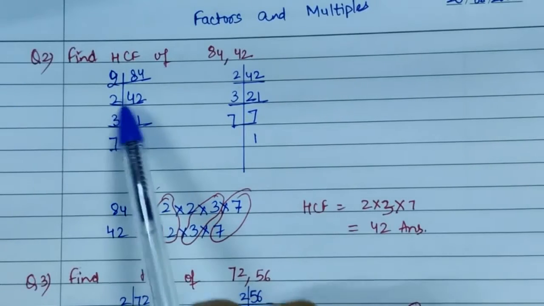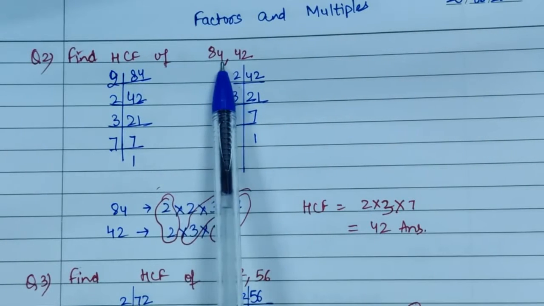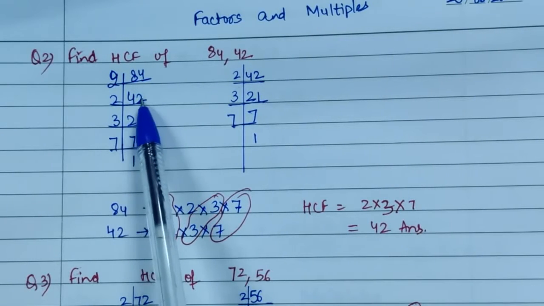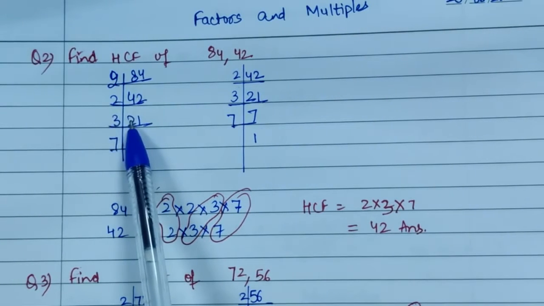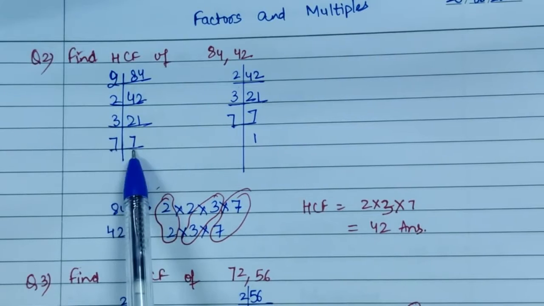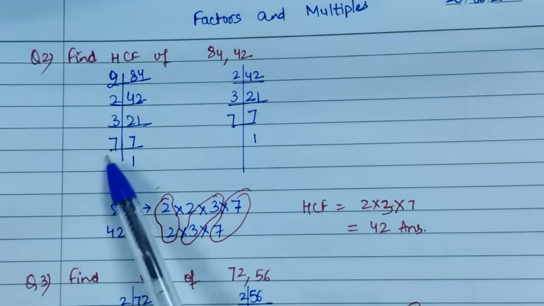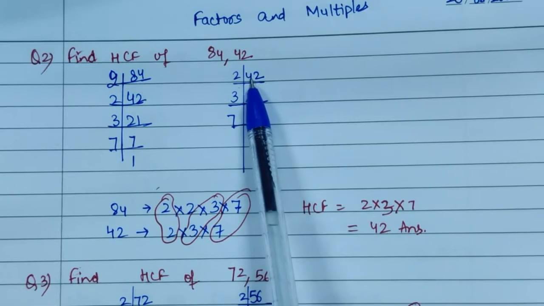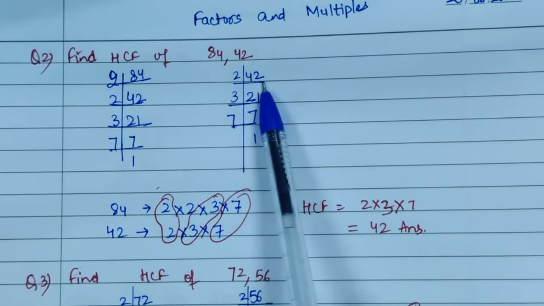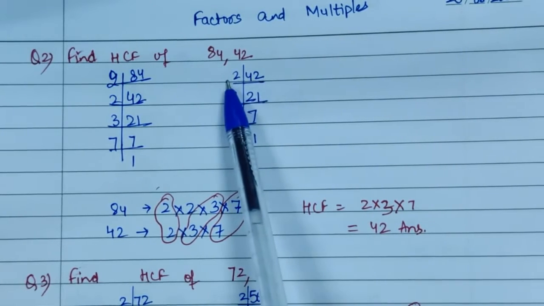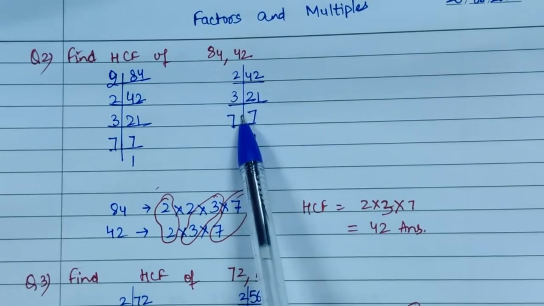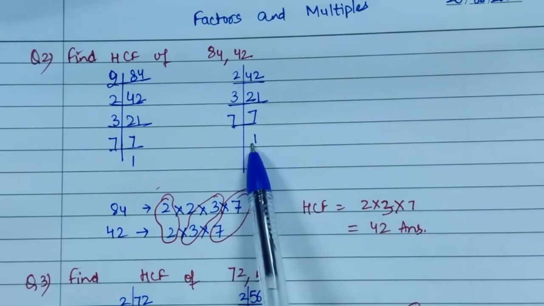Next one is to find the HCF of 84 and 42. 84 gives 42, then 21, then 3 into 7 is 21, then 7 into 1 is 7. Then 42, since it is divisible by 2, we start with 2: 2 into 21, then 3 into 7 is 21, 7 into 1 is 7.